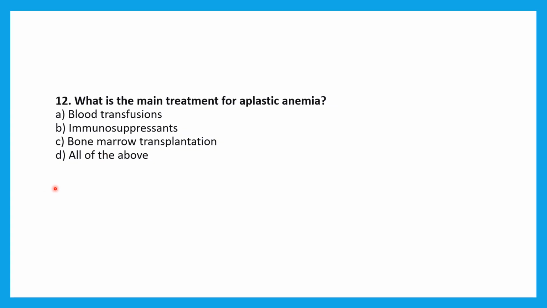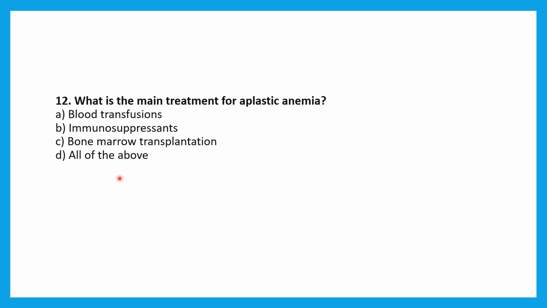So question number 12, before we pick any answer, let me say this so that you understand. Treatment for aplastic anemia is tailored to its severity. How severe is the case? Supportive care includes transfusions.